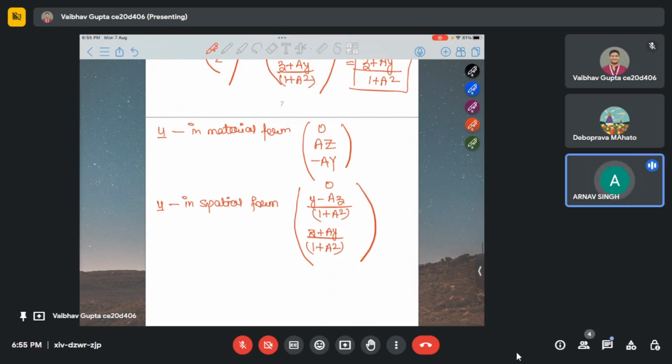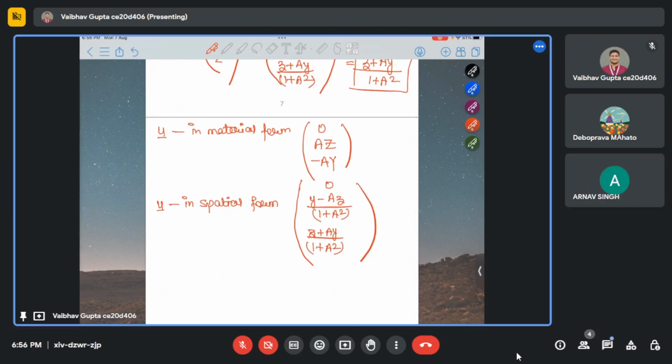See, at the top it is written as material form, capital X and capital Y. Suppose someone says our point occupies 5, 0, 1 in the current configuration, and gives a relation between current and reference configuration, and asks for the point of my body in the reference configuration.